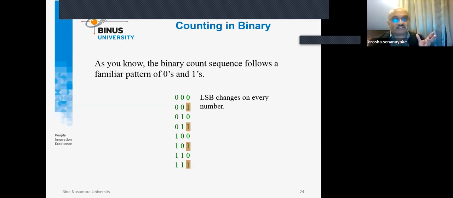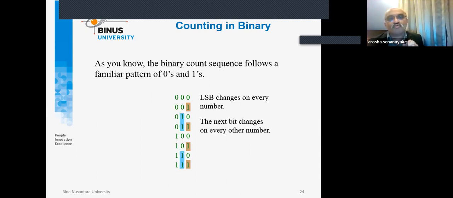It looks like a pulse, like a normal clock. That's perfect. But what about the next bit? You can see that once it changes, it remains at 1 for 2 combinations and then changes.